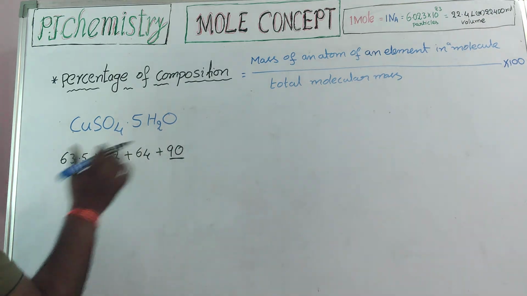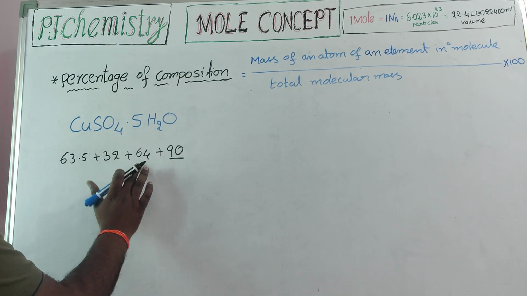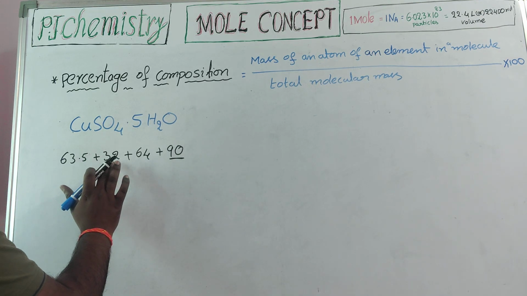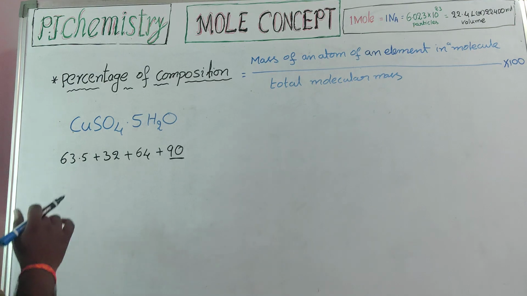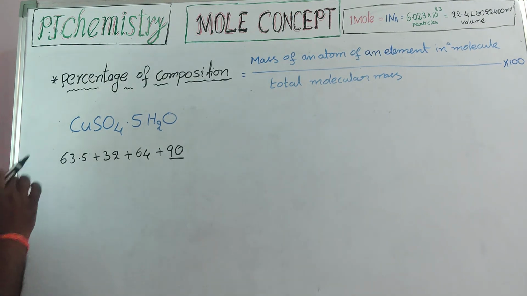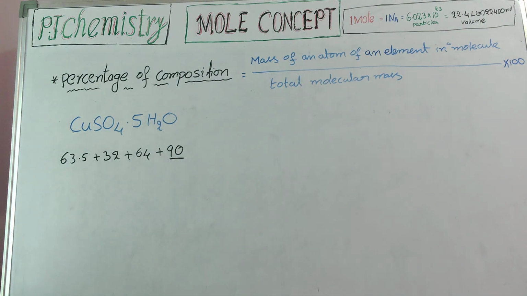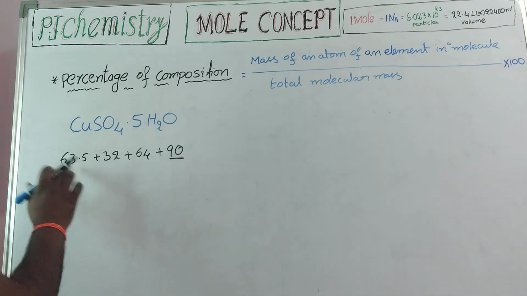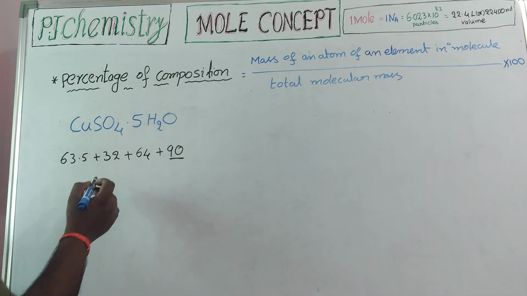Now overall molecular mass, how much here? 90 plus 64, 154, 154 plus 32, 186, 186 plus 63.5, 249.5.